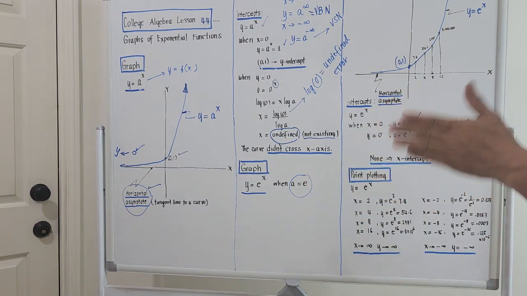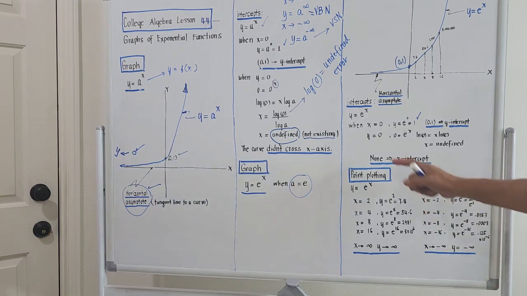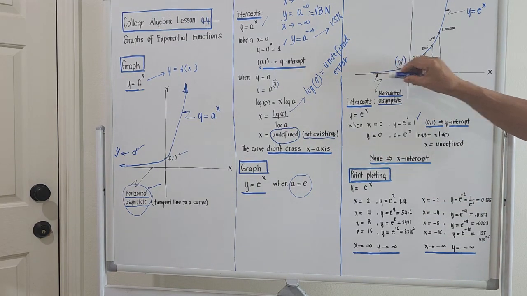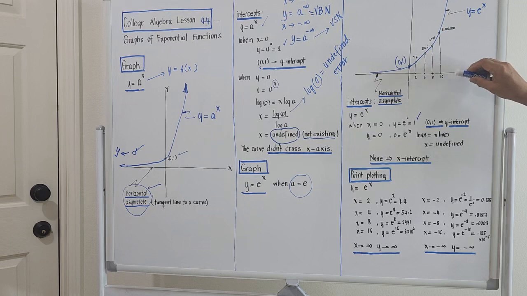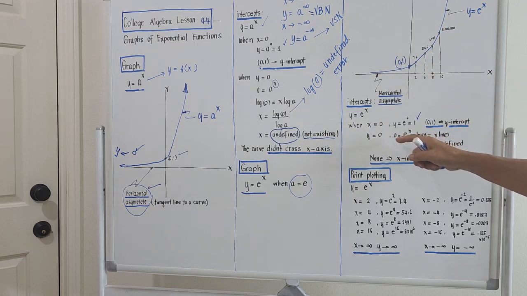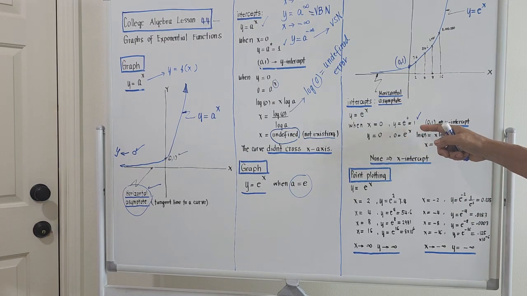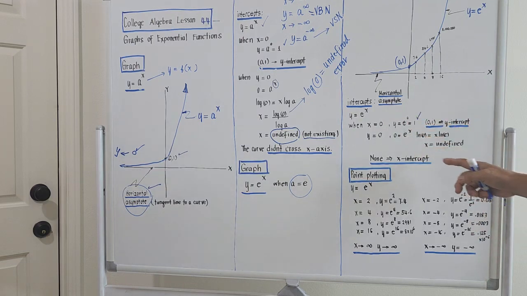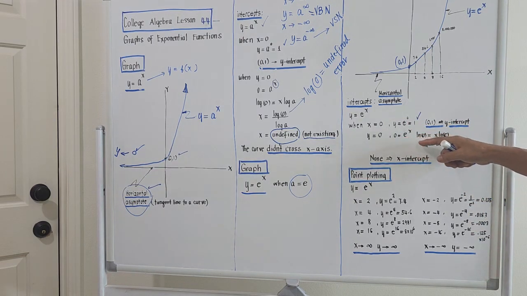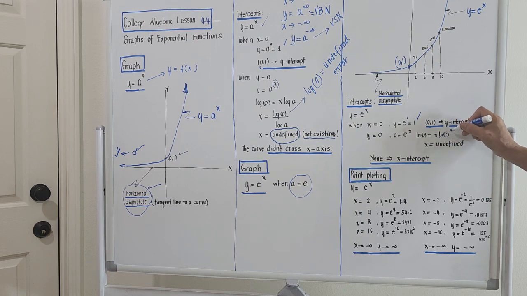Let's solve first for the x-intercept. When y is 0, we place y to be 0 here: 0 equal to e to the x. Again, if the value of x is on the exponent, we bring it down by using logarithm. We use natural logarithm for the meantime. Take the natural logarithm of this. Natural logarithm of 0 should be x times natural logarithm of e, and the natural logarithm of e is actually 1.